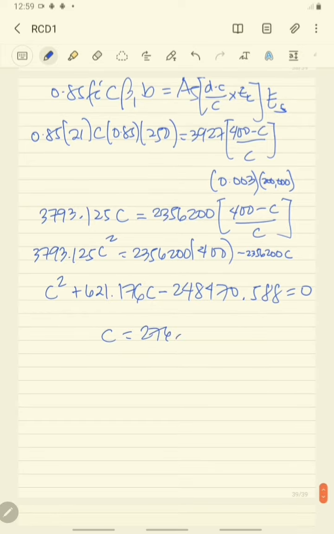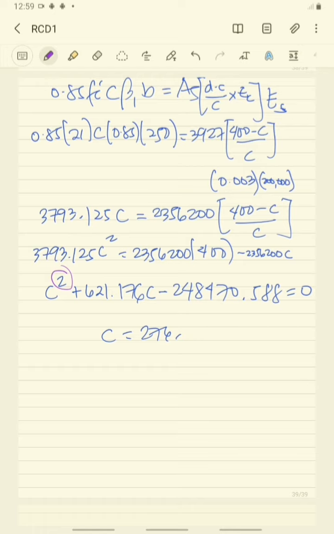Since this is a power of 2, you have two values of c, and the other one is negative. I got it wrong.